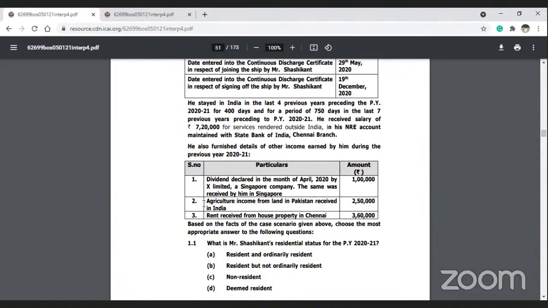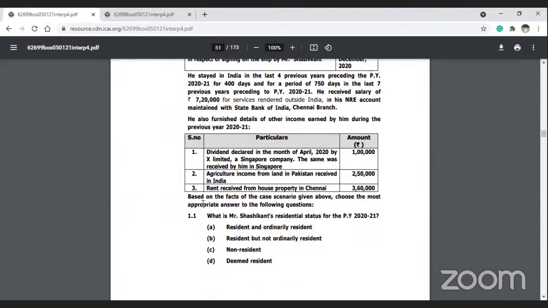That 7,20,000 is in his NRE account, but that is maintained with State Bank of India, Chennai branch. But NRE and NRO accounts are both different, no? But deemed to earn in India. No, NRE account is different. I guess that is maintained in Indian rupees. No, NRE account is maintained in foreign currency itself, and NRO account is maintained in Indian currency. Ulta. Yes, ulta.